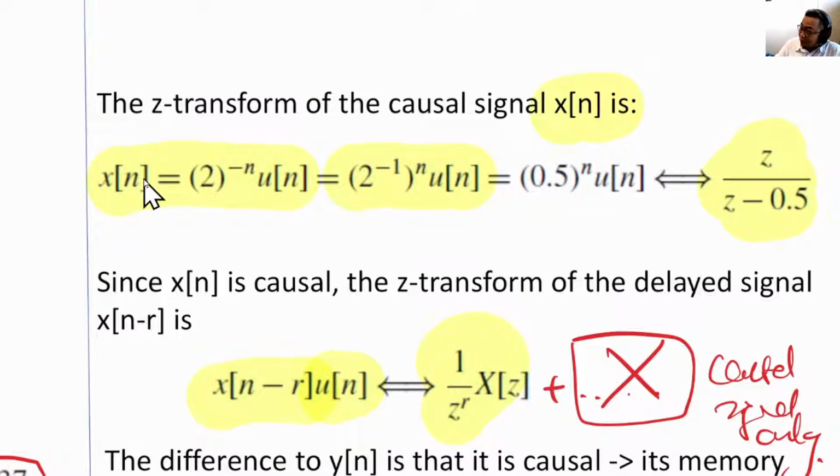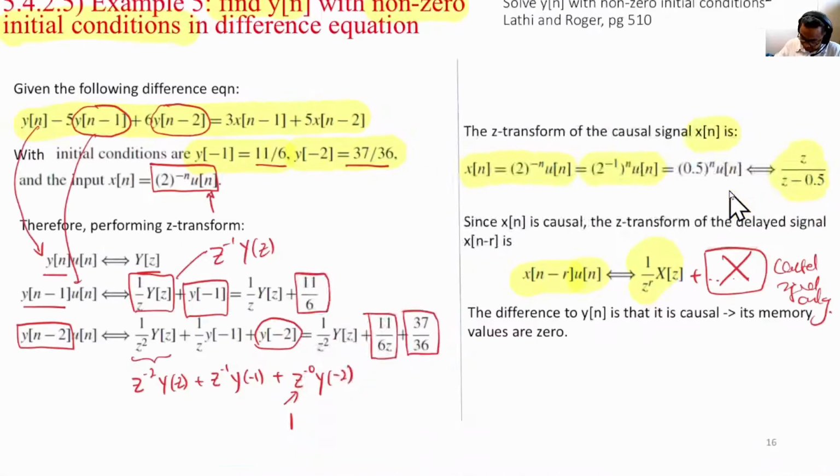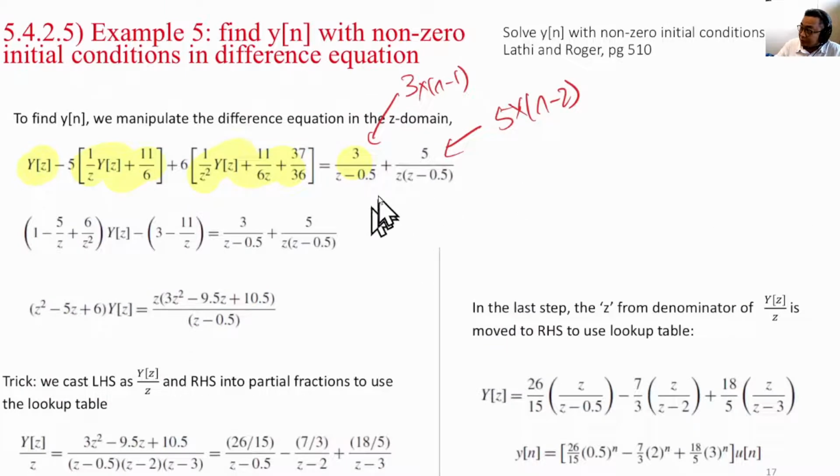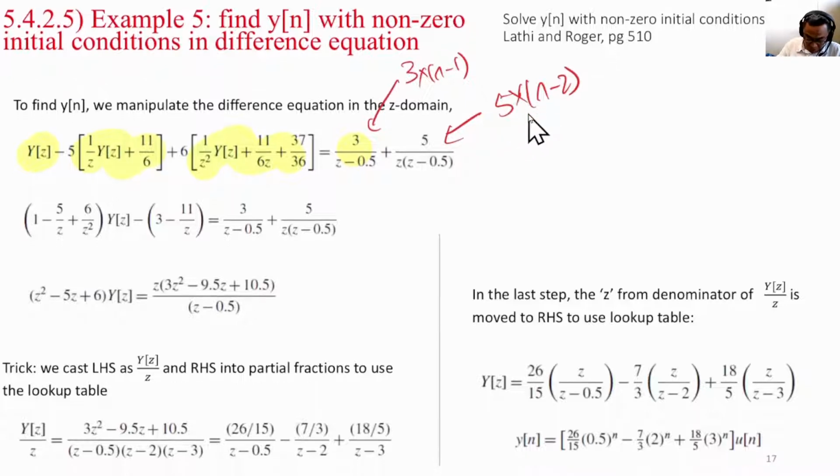If it is delayed by 1, then it is 1 over z times this. So the numerator z is gone in this expression here. And this is x[n-2], so we introduce a 1 over z again for this expression. The 5 comes from the constant multiplied by x[n-2]. Alright.